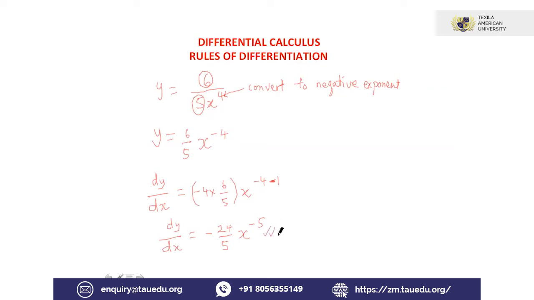If you want to convert this into a positive exponent, meaning we want to convert this power to become positive, just like the way the original power was positive, it is simple. We can just have dy over dx is equal to, then we have, now you see, in the previous example, I told you to take the coefficient of the base and make it a numerator.